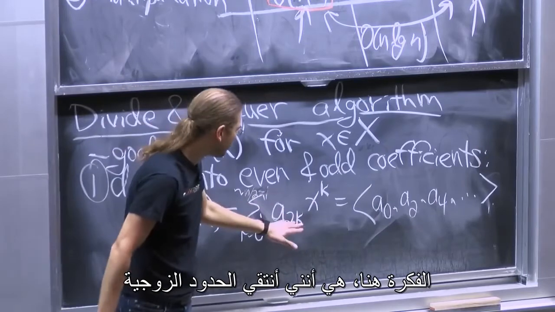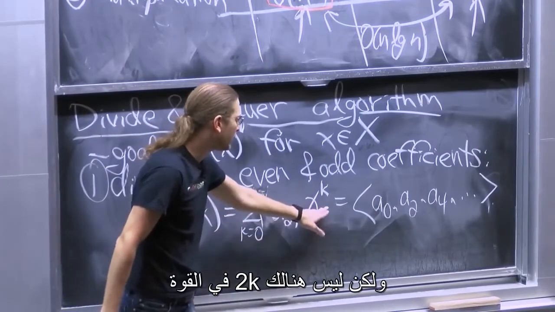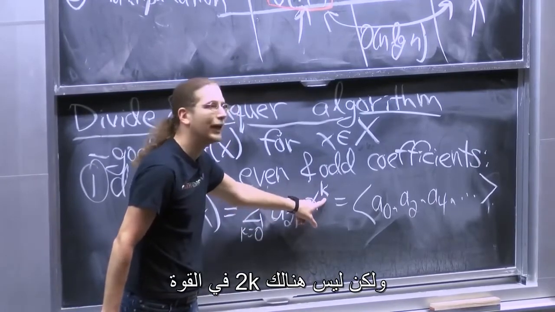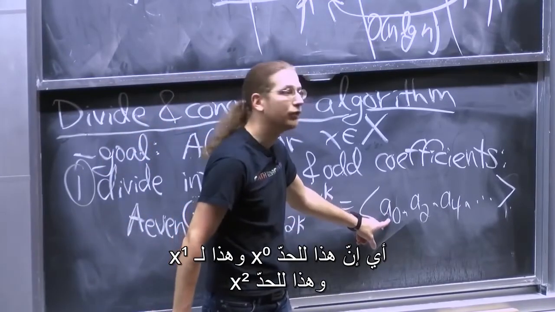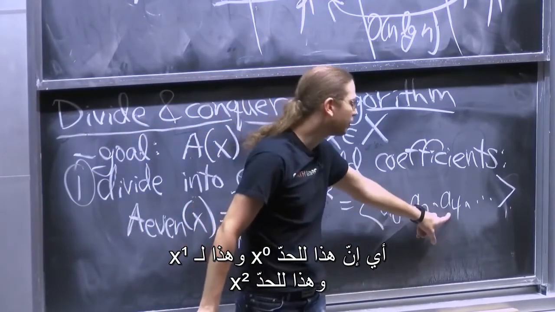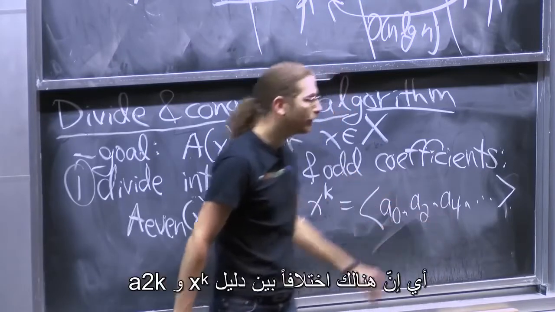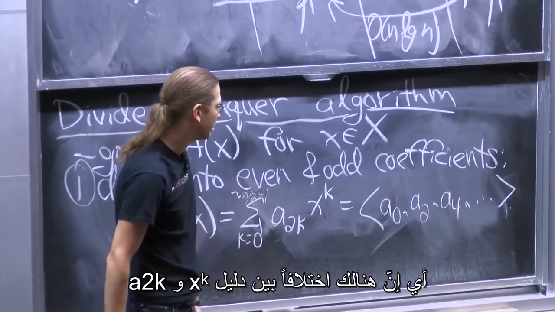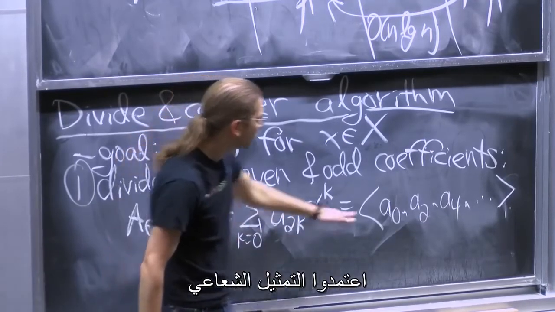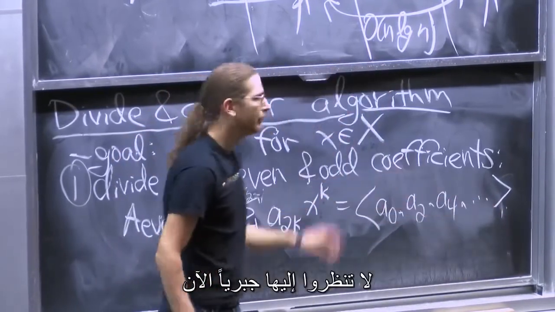The key thing here is I'm taking the even entries, but I don't have 2k up here. This is the x^0 term, this is the x^1 term, this is the x^2 term. So there's a difference between the x^k's and the a_2k. But just think about it in vector form. Don't worry about the algebra for now.